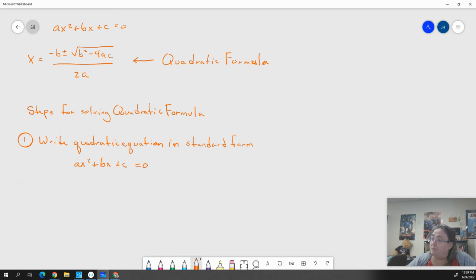Step 2, identify A, B, and C. They aren't going to be A, B, and C, they're going to be actual numbers. And plug into the formula. We could say substitute in if we want to be formal.